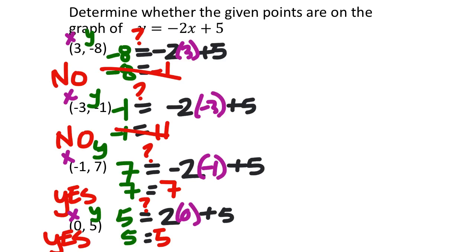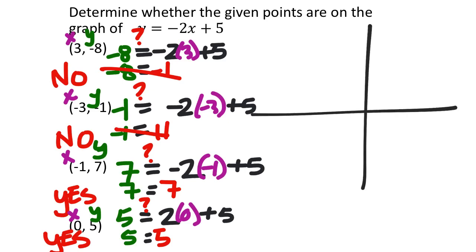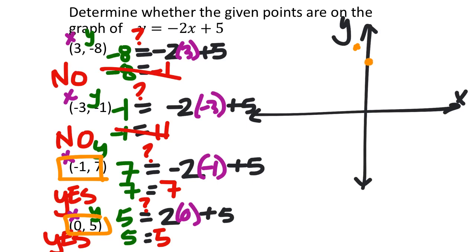Now what this means is that if we were to look at a graph with our two axes, x axis and y axis, I could graph these 2 points, the -1, 7 and the 0, 5, right? So -1, 7, well, that's up here somewhere, and 0, 5, maybe right here.